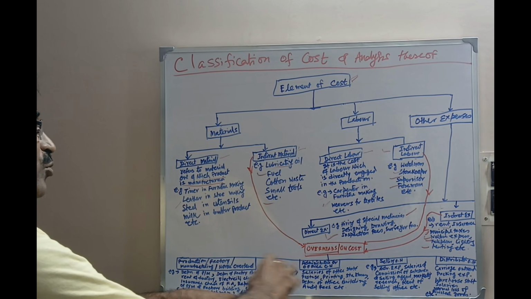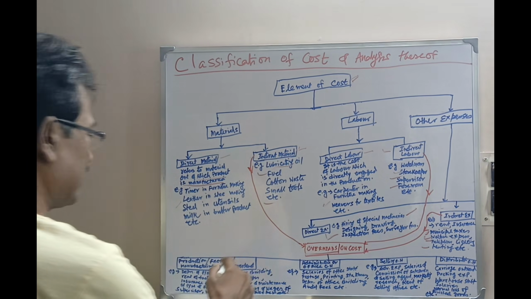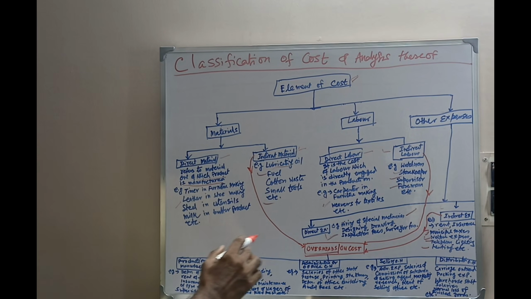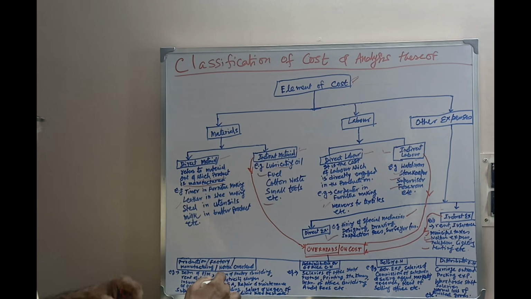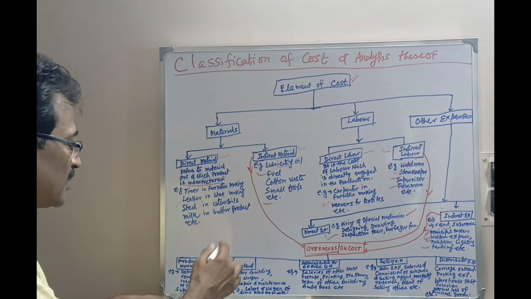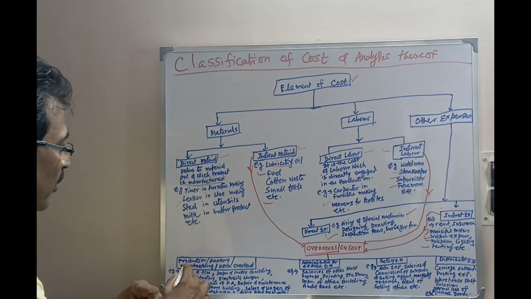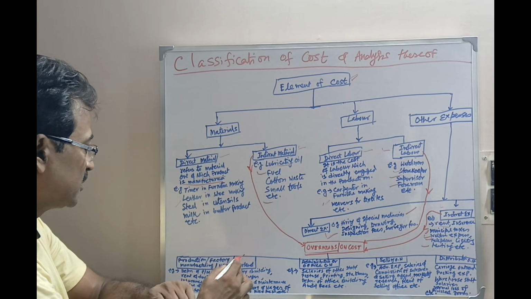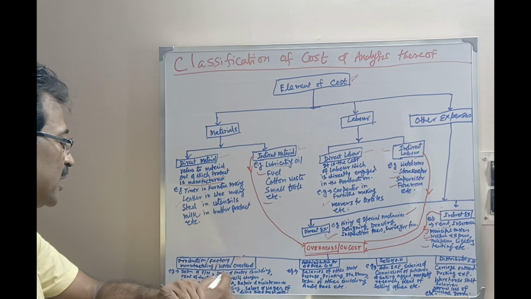That on cost or overhead may be classified according to the factors. Indirect expenses relating to production or manufacturing are called production overhead, factory overhead, manufacturing overhead or works overhead.